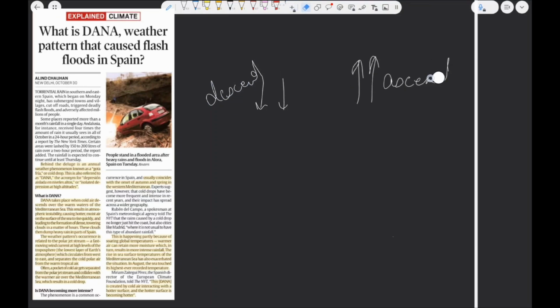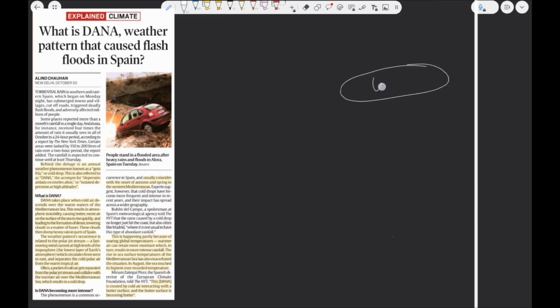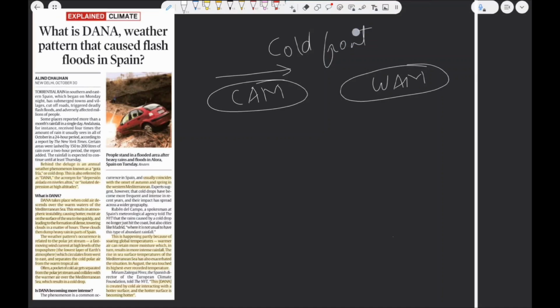Now, here is your warm air mass and here is your cold air mass. Whenever the cold air mass is moving towards the warm air mass, it is known as a cold front, and whenever the warm air mass is moving towards the cold air mass, it is known as a warm front. So this is the basic thing.